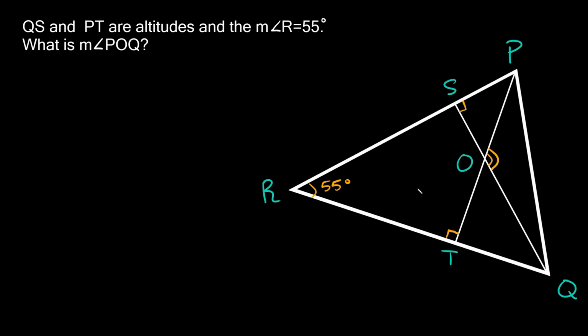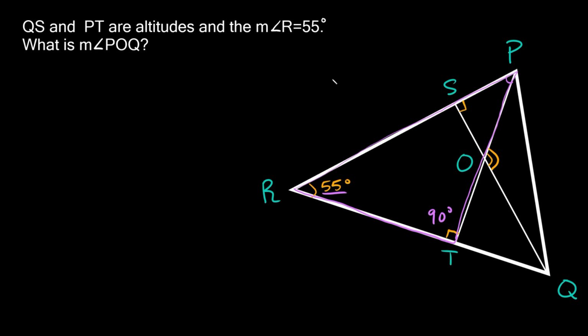All right, so remember, whenever we have altitudes, we create right triangles. So one right triangle I can see right here, I mean there's several, but one would be this guy right here. Okay, so triangle RPT. Now remember, all the angles inside of any triangle should always add up to 180 degrees. So here we know two of those. We know 55, we know this one is 90. So what must this angle up here be?